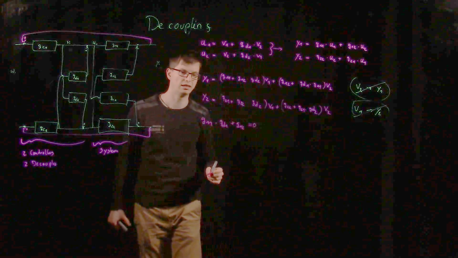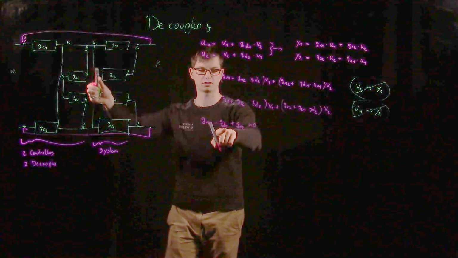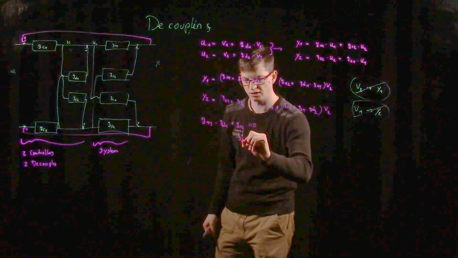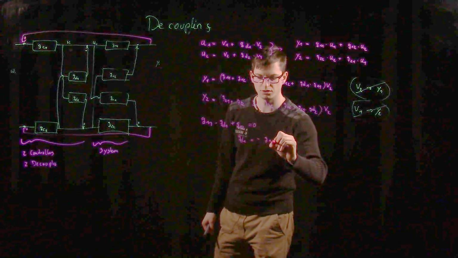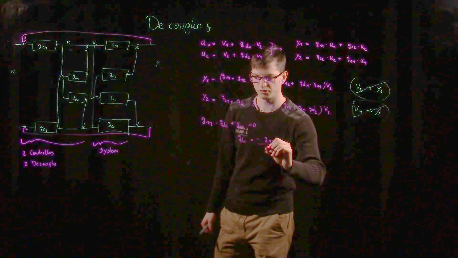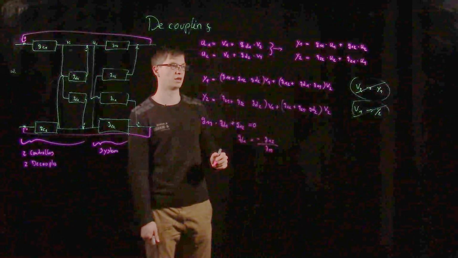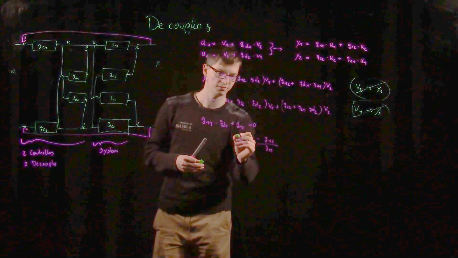And it can be clearly seen, when we separate GD1, one of our decouplers, that GD1 equals minus G12 over G11. And this is our first decoupler that we've just calculated.